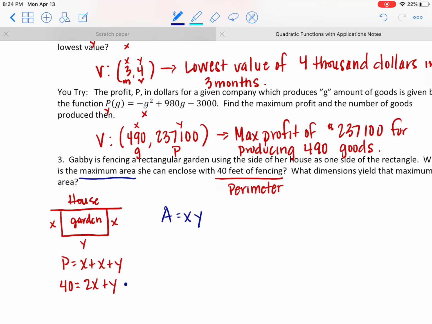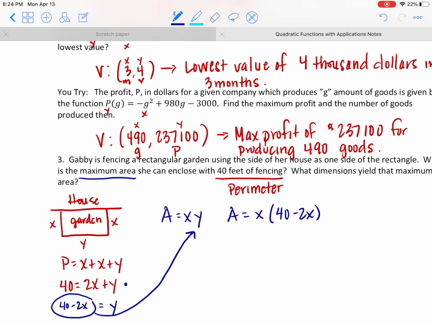If I took this perimeter function here, and let's say I solved it for y, y would have to equal 40 minus 2x, right? If I just subtract the 2x over. Well, that's helpful because if I know what y is equal to, then I can replace y with that expression. So I can make this area equals x times, instead of y, I put in what it's equal to, which is 40 minus 2x.